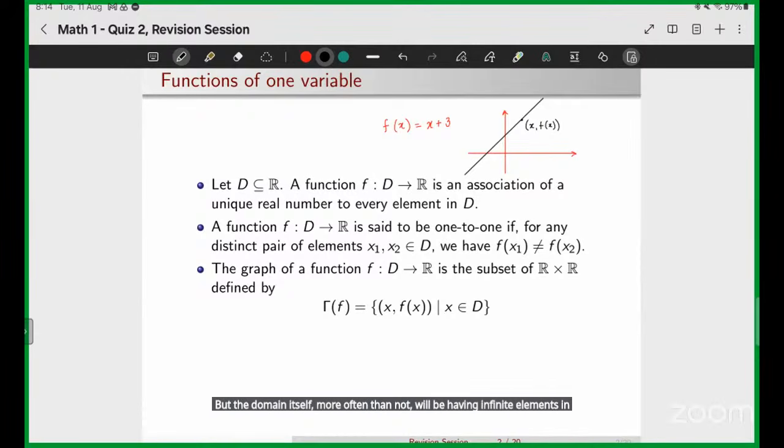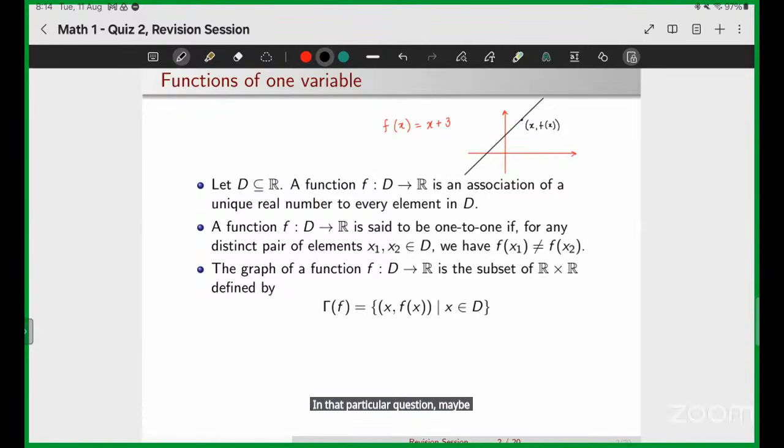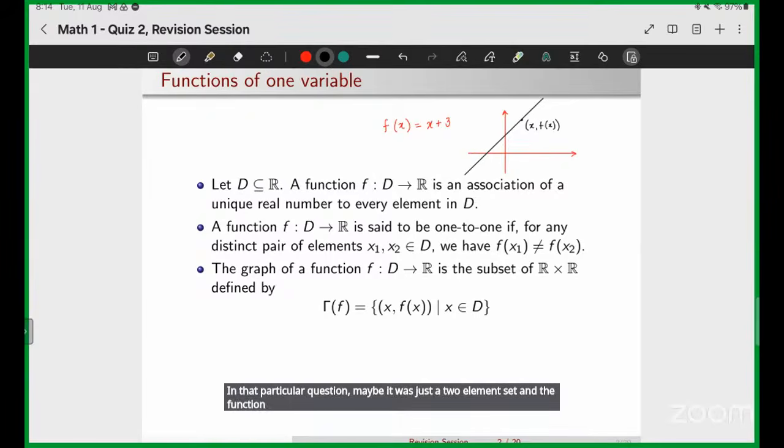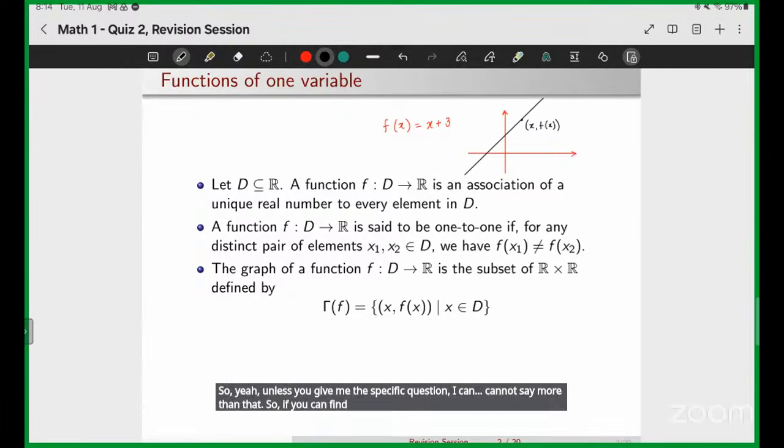So in that particular question, maybe it was just a 2-element set and the function was just something which had a graph that also consequently had only 2 elements. In that case, cardinality equal to 2 makes sense. Okay, sir. So unless you give me the specific question, I cannot say more than that. So if you can find it, I'll show it, sir. Yes, we can, yeah. All right.